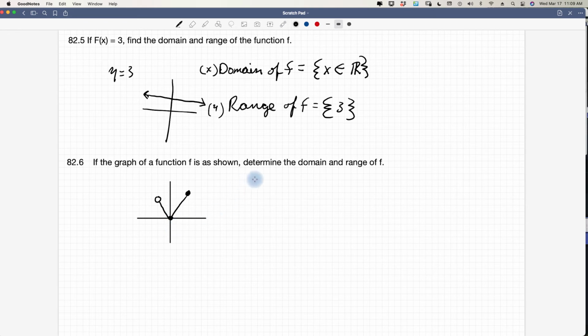So we have to find the domain of f, and we have to find the range of f. And that's going to be x is a member of the set of real numbers, and y is a member of the set of real numbers.